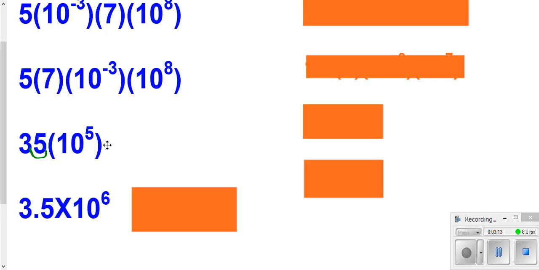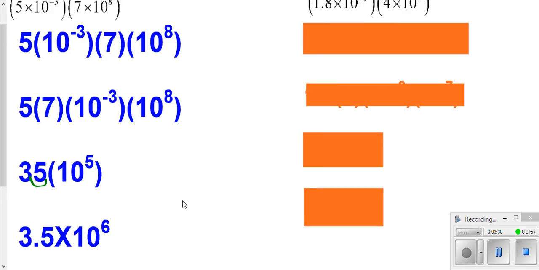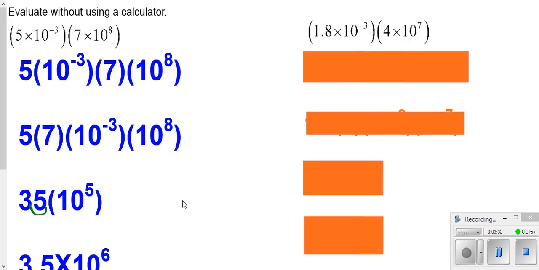Now, if you wanted, you could go 35 times 100,000, and that would be a 35 with 5 zeros after it, and then work backwards to get to this one here. There's nothing wrong with doing that additional step. Doing that additional step will often ensure that you get the right answer rather than changing your exponent in the wrong direction.